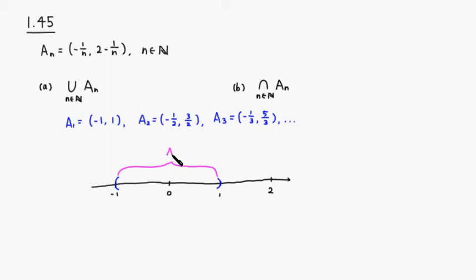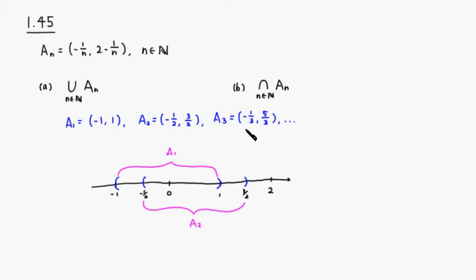A2 would be negative 1/2, which is probably around here, so I indicate negative 1/2 there, to 3 halves, which is 1.5, so it's around there. I put 3 halves there. This is going to be our A2.